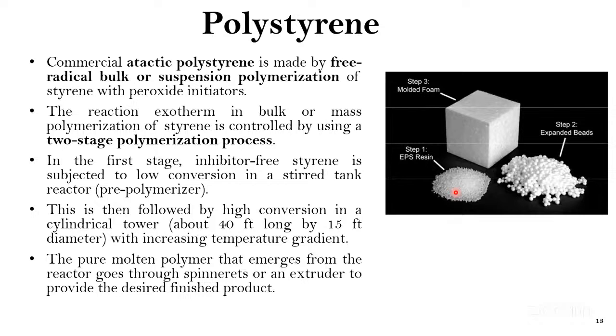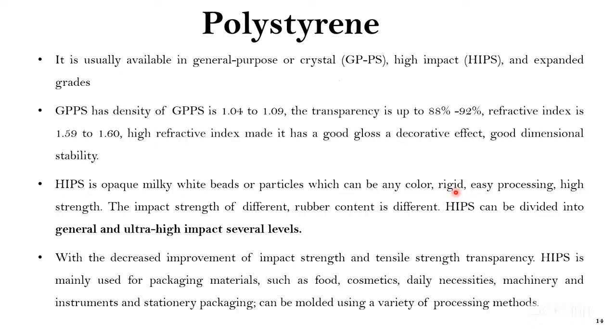The beads are there, then you can go for the expanded bead in step three. You can form this kind of molded form. EPS is the polystyrene resin, known as expanded polystyrene. The name is that. Okay. In the next slide I will give you more.